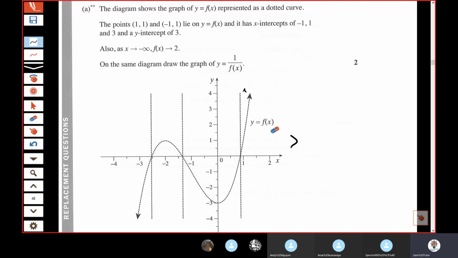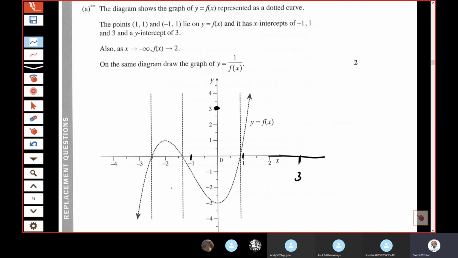Alright. Now, the points 1 and 1 and negative 1 and 1 lie on f of x. It has x-intercepts of negative 1, at 1 and at 3. Has a y-intercept at 3. Okay, so it's probably going to do that.